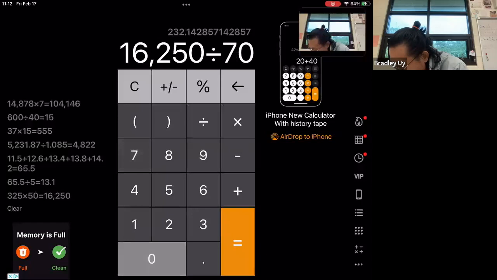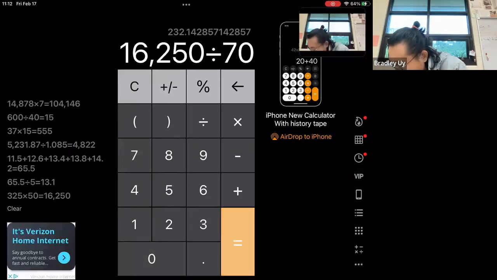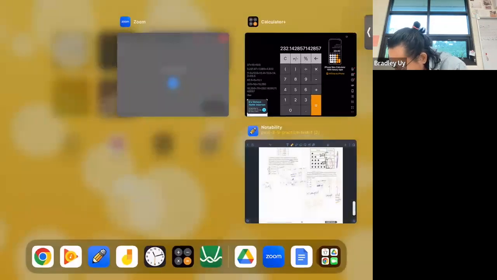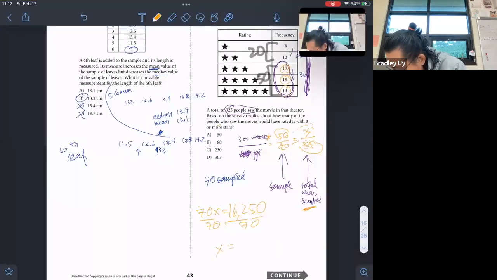I get this number, 232 roughly. X is 232. What is x? X is the total from the theater who would give it 3 or more stars, which is answer choice C. Alrighty.